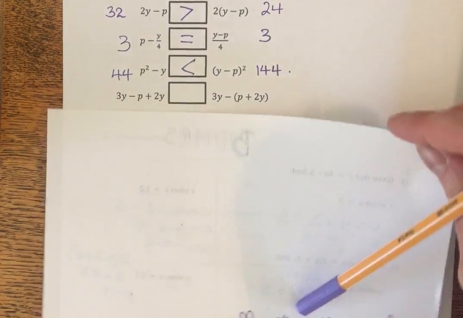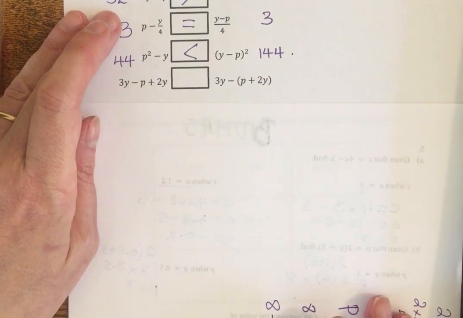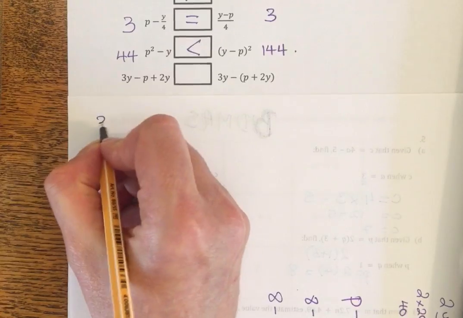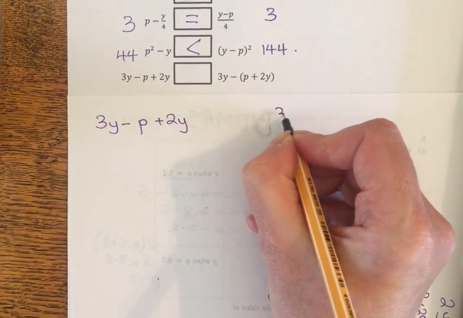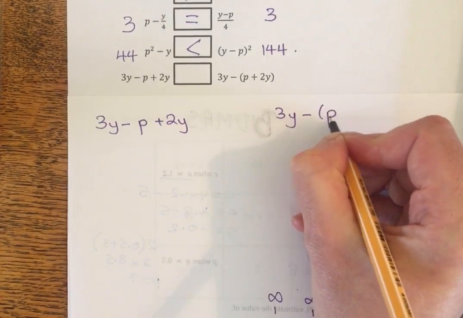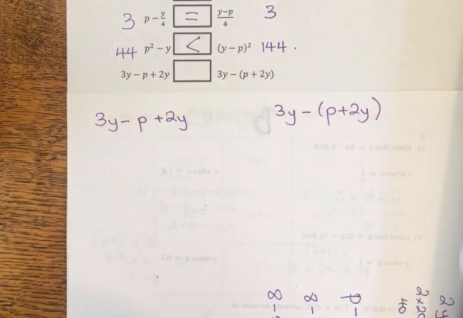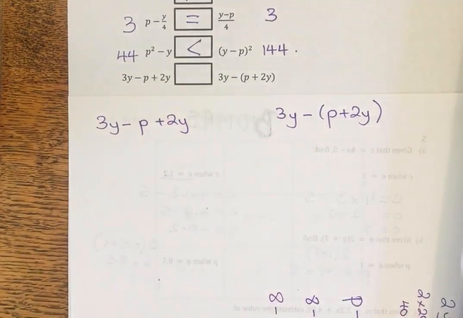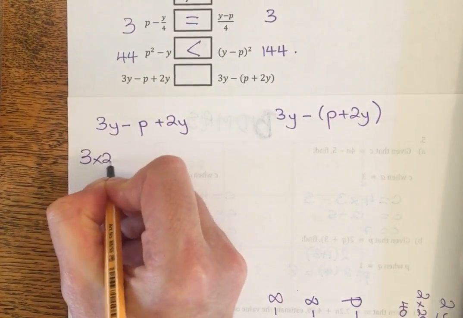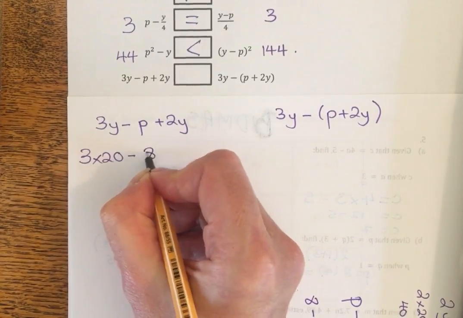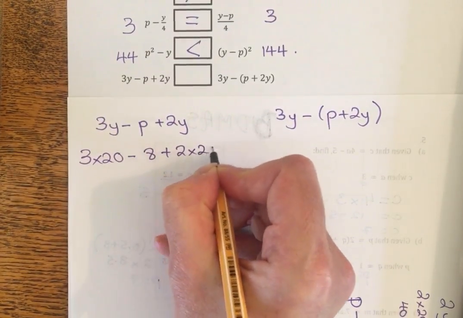Last one. Well, the last one is this: 3y minus p plus 2y, and 3y minus (p plus 2y). These are my two I'm playing with. So my y was 20, so the first is 3 times 20, minus 8, plus 2 times 20.